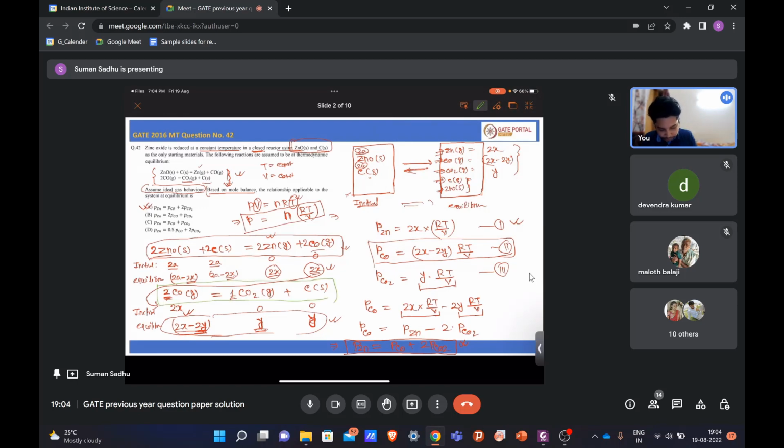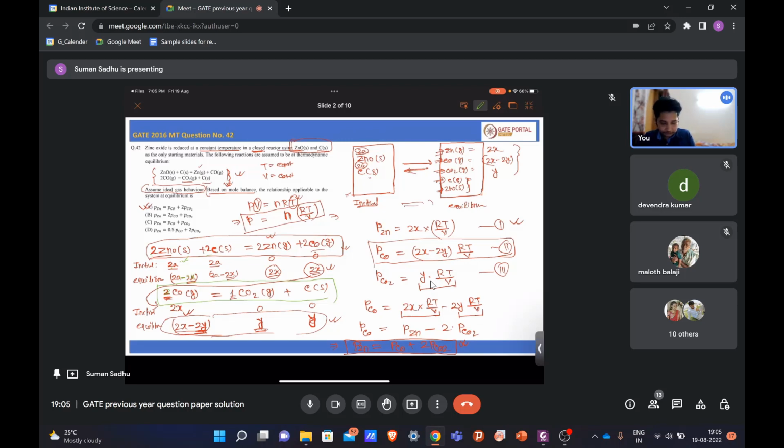As 2 is there, you have to multiply both sides by 2, and let's say initially 2 mole of ZnO and 2 mole of carbon were there. You can take anything, it is not necessary to take 2A, you can take A also, right?